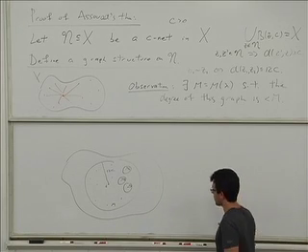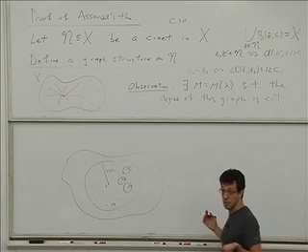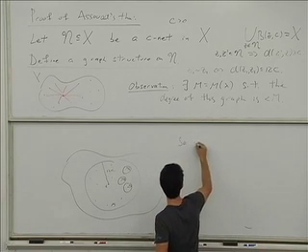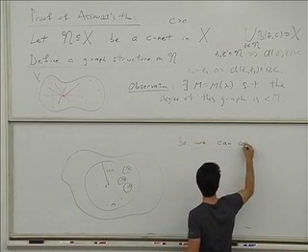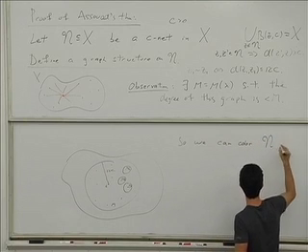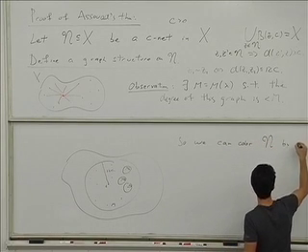So the way I'm going to use it is just to color it. So we can color the net with this graph by m colors.